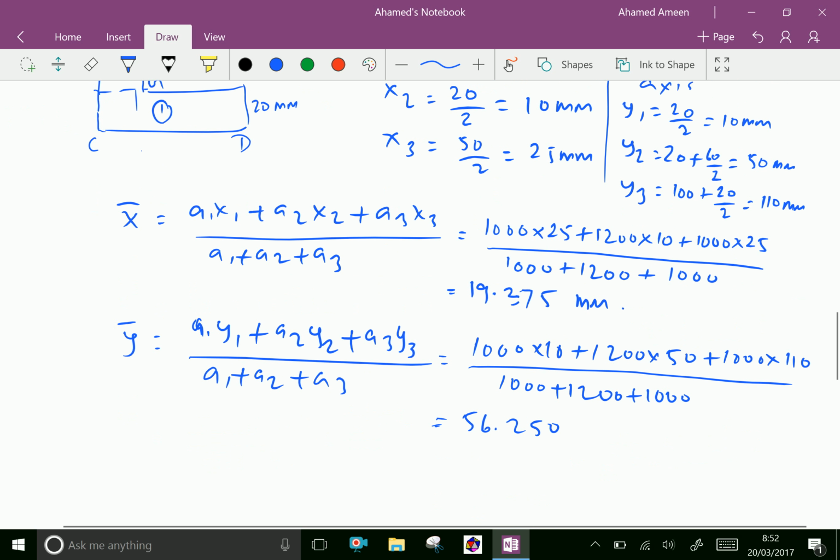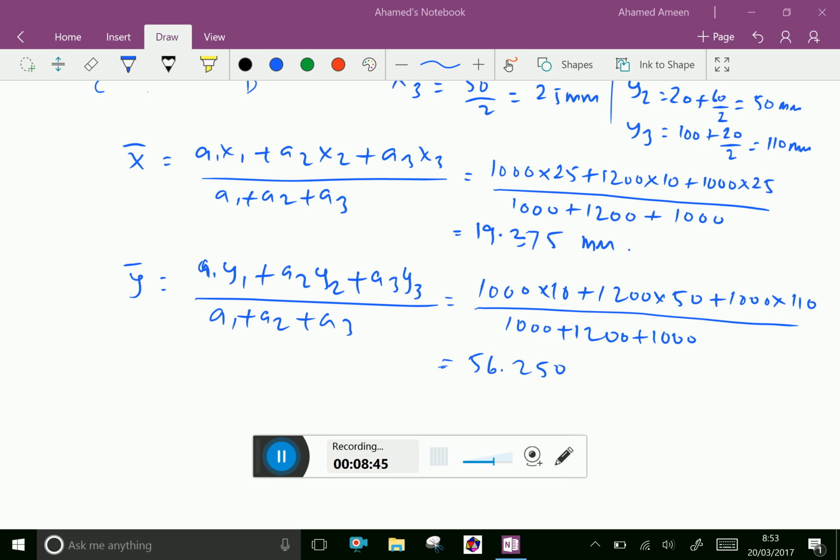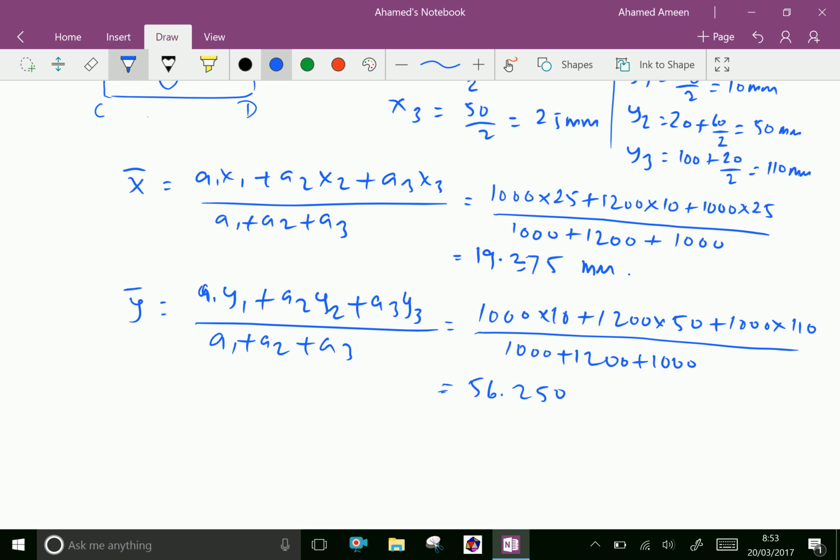Why is it a problem? Here are some mistakes. Here y3 is not 100 plus, it is 100 minus 20 by 2, which is equal to 90 mm.